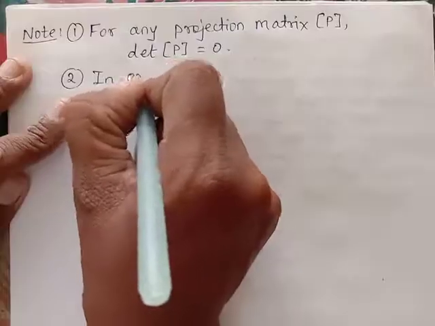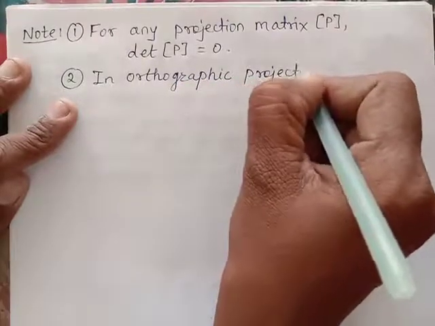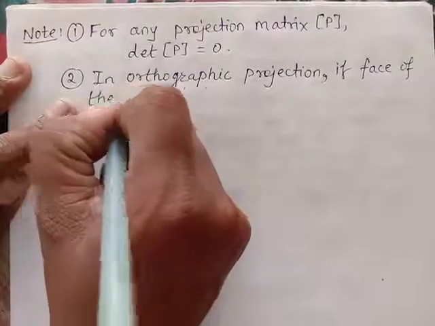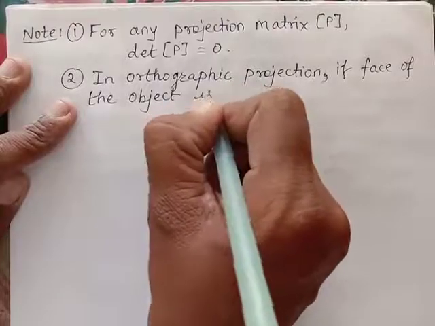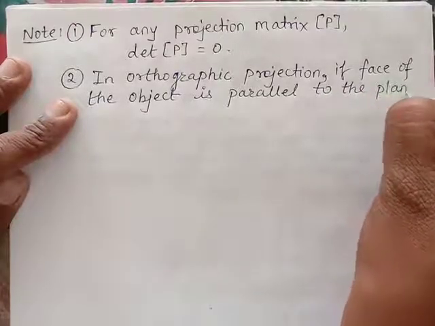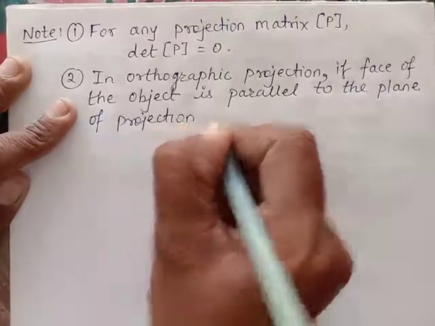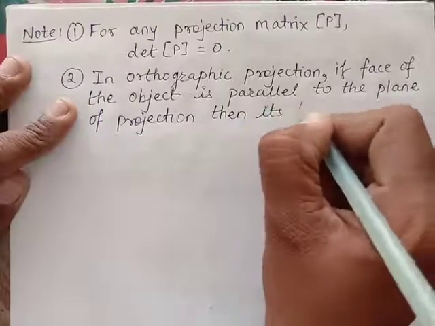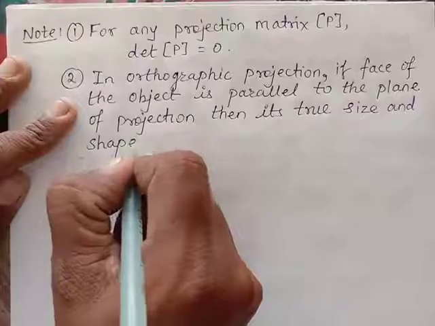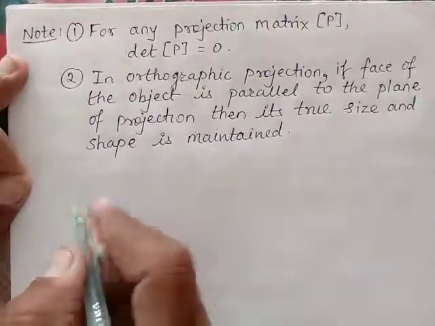Second, in orthographic projection, if a face of the object is parallel to the plane of projection, then its true size and shape is maintained.